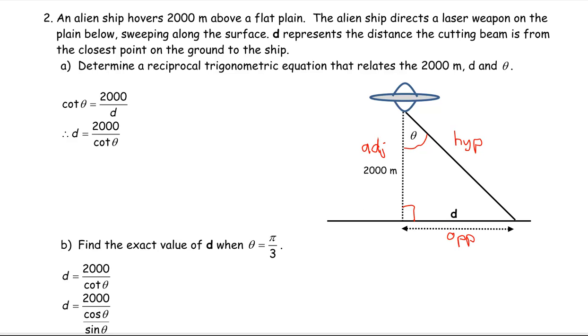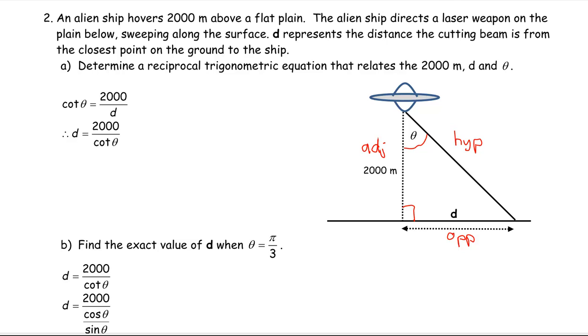So the trig ratio cotan is adjacent over opposite. Remember, tan is opposite over adjacent. So the reciprocal one, cotan, is adjacent over opposite. So it would be 2,000 over d. So that's why cotan theta would be 2,000 over d. The 2,000 is the adjacent side, the d is the opposite side.